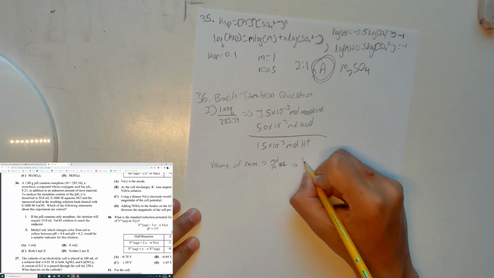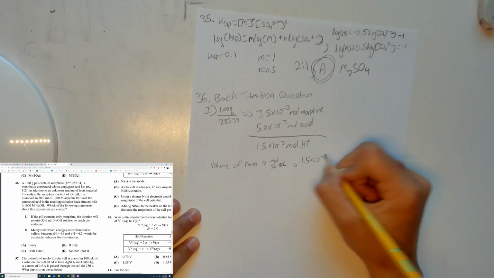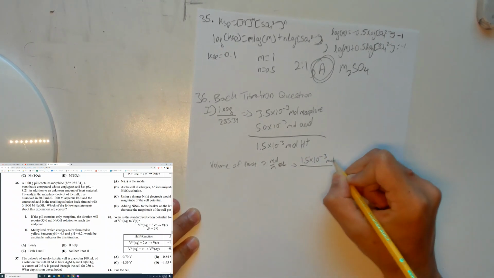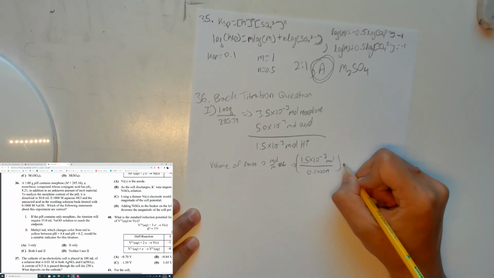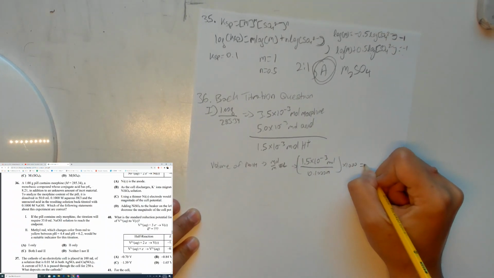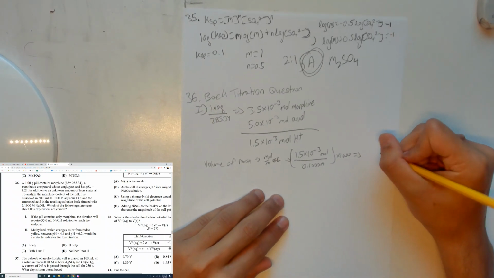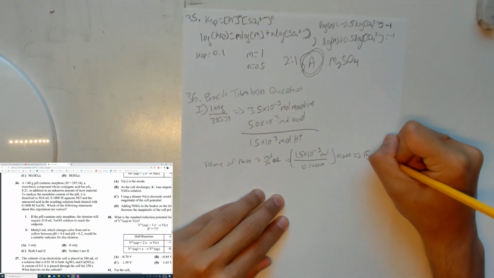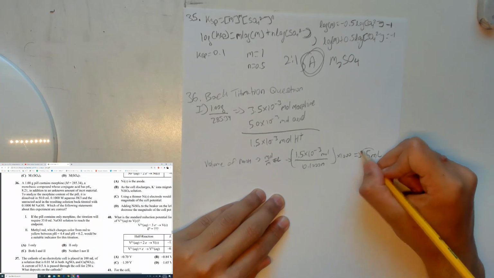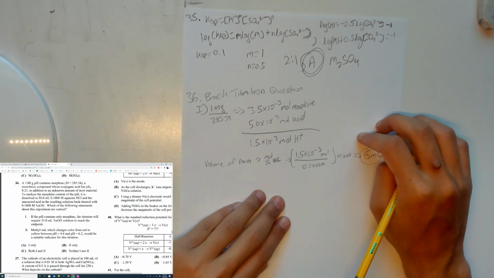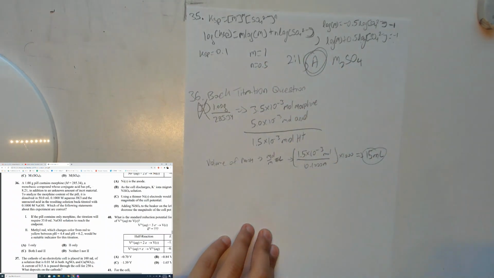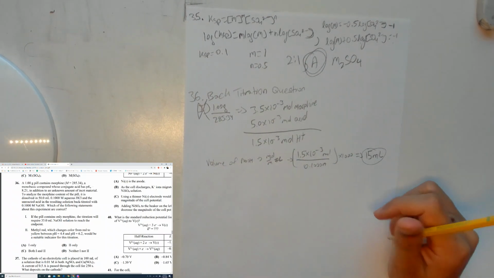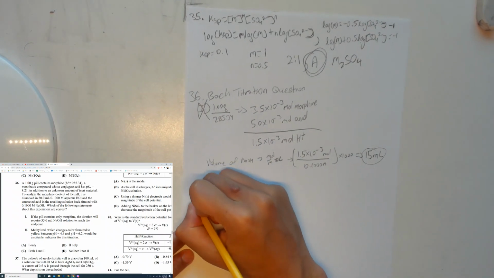So 1.5 times 10 to the negative 3 moles over the molarity, times 1000 to give you milliliters, will give us 15 ml. And the question says you require 35 ml. So then this statement is wrong.